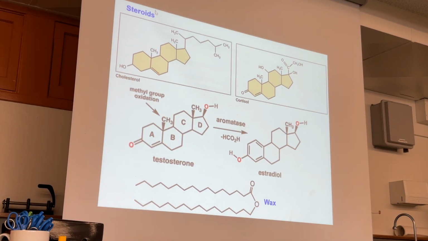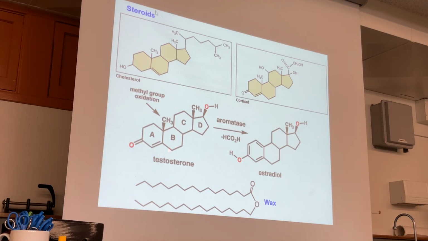Yes, so an example of a steroid is cortisol. That's a stress hormone. Another example is cholesterol. We're all familiar with that one. We want to not eat cholesterol because it's very rigid, and there's a high chance, if you have high cholesterol, that it clogs up your arteries and causes problems.